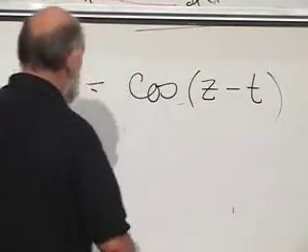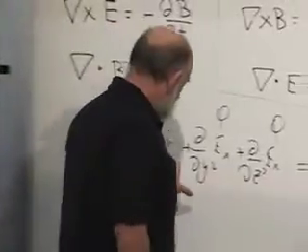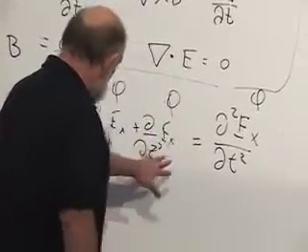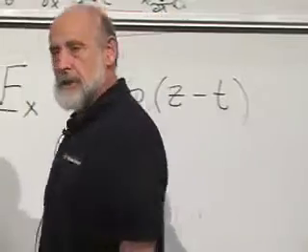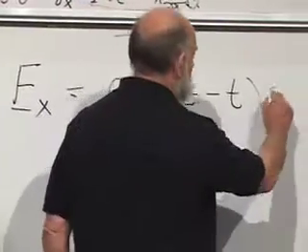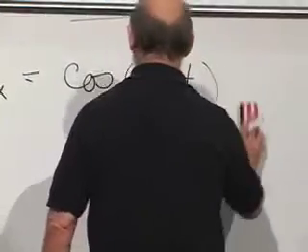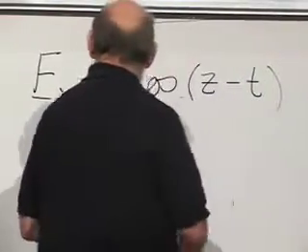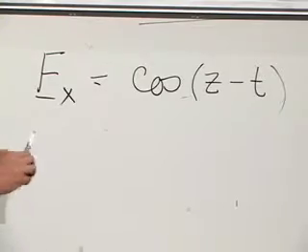This would be a wave moving down the axis. It's the wave equation. It has a solution which is a wave moving down the z-axis. I could put a constant k, but let's leave it out. It only complicates things. This would be a wave whose electric field is pointed along the x-axis.